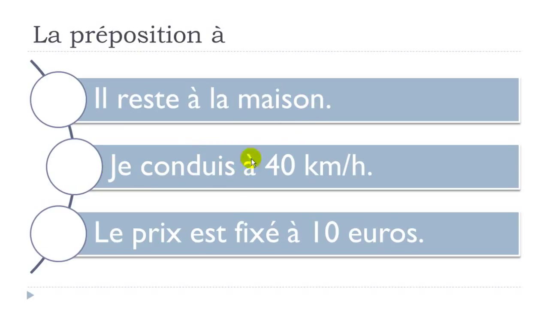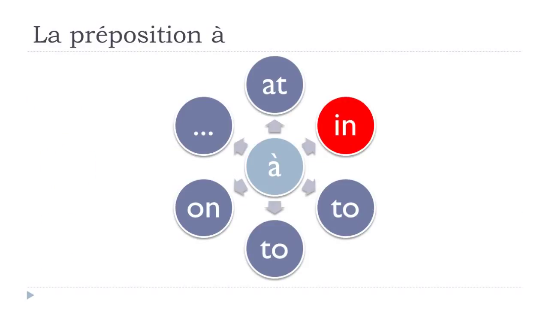Je conduis à 40 km/h. Le prix est fixé à 10 euros. So, if you want to express this at concept for these situations, then you will have to use this preposition à. Okay, so let's see now the second category we will have, and it will be this in concept.